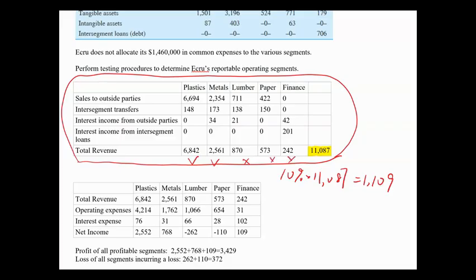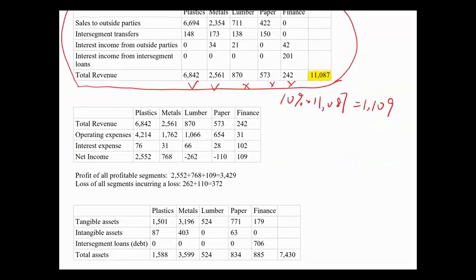Okay, so next let's move on to the profit and loss test. In this test, I'm going to use the total revenue we just calculated directly, from the prior table. Next I take the total revenue minus their operating expense and interest expense, and get the net income of each segment.